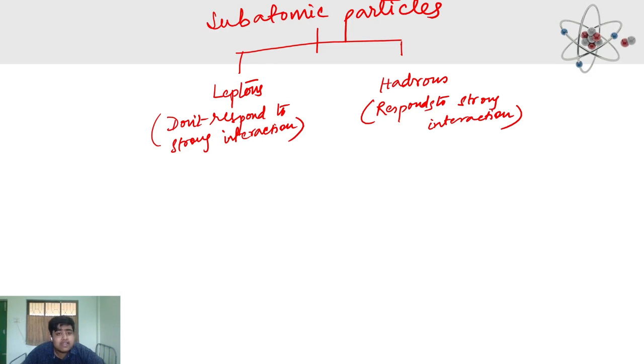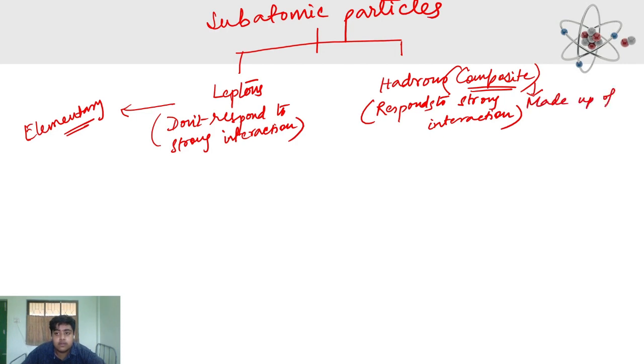Now, these leptons are elementary. That means they cannot be broken down further. But these hadrons are composite, which means made up of elementary particles.